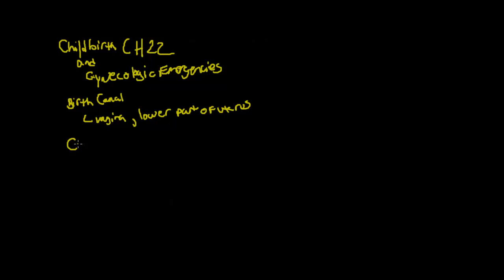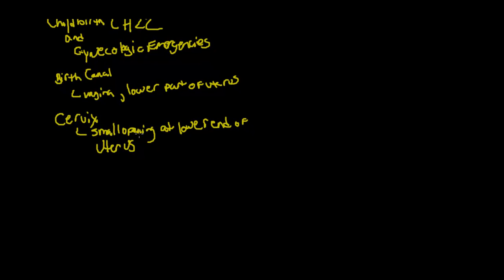Then you have the cervix, which is going to be the small opening at the lower end of the uterus, in which the baby passes. This chapter has a lot more information than I can cover in just one video.